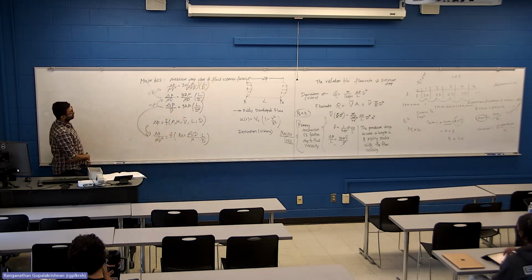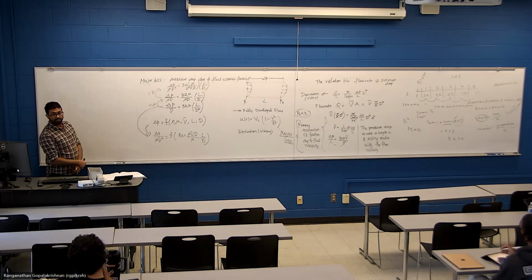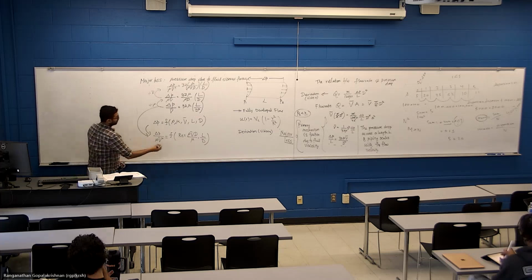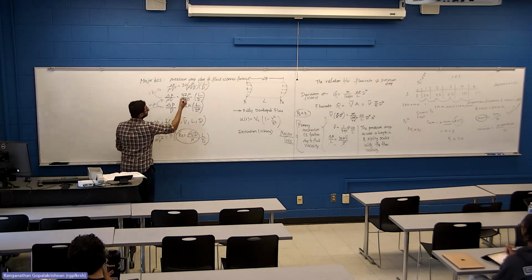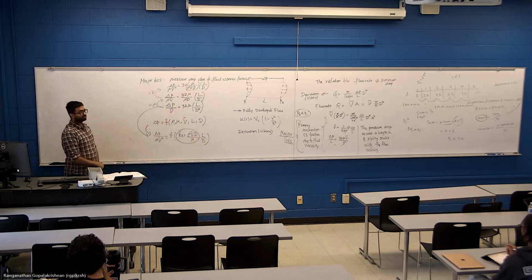That looks like something. Can we recognize what is mu divided by rho V D? Inverse of Reynolds number.